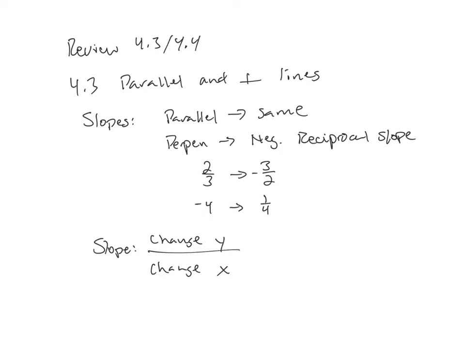It'll say write an equation that's parallel to this one and goes through this point, or write an equation that's perpendicular that goes through this point. You will have some problems at the beginning that will ask you to determine if the lines are parallel or perpendicular or neither. Does it say neither? No, it just says parallel or perpendicular.